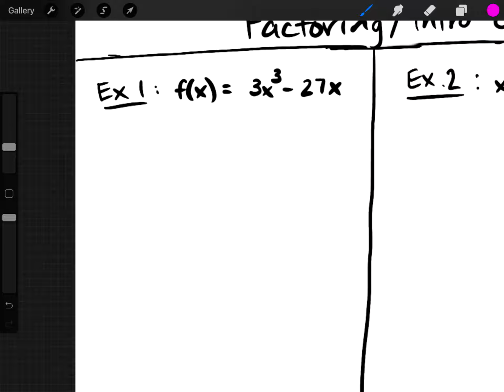You look at 3x cubed, you look at 27x, your first idea is, what do they have in common? What's our greatest common factor? We can take a 3 out of both of those. And also, they both have an x, so we can divide out a 3 and an x, factoring it out.